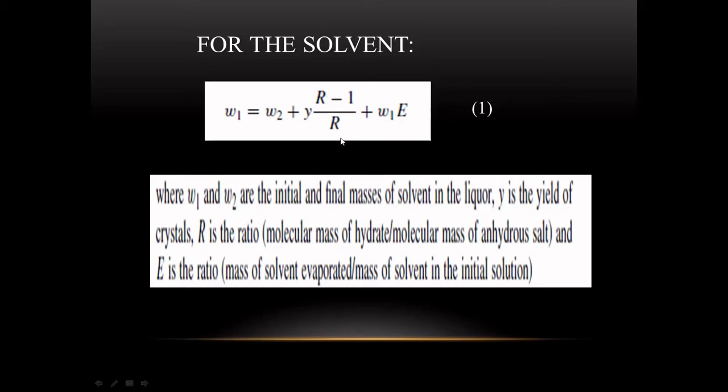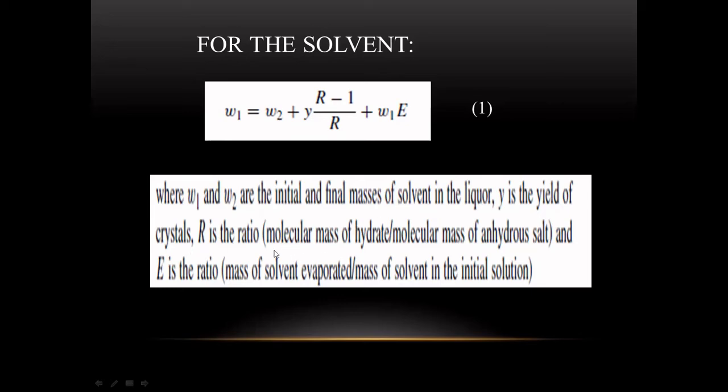In this formula, you get to see the R and the E. These are two different ratios. The R is the ratio of the molecular mass of your hydrate to the molecular mass of your anhydrous salt, the salt only without the water. This one has the water.